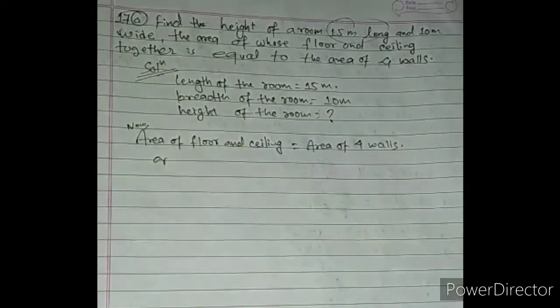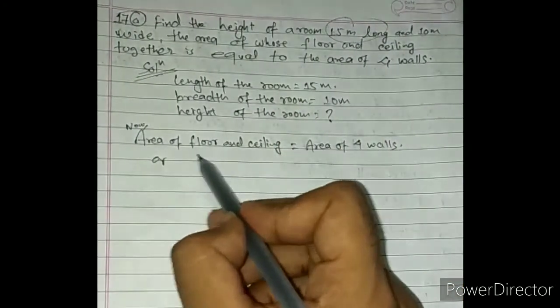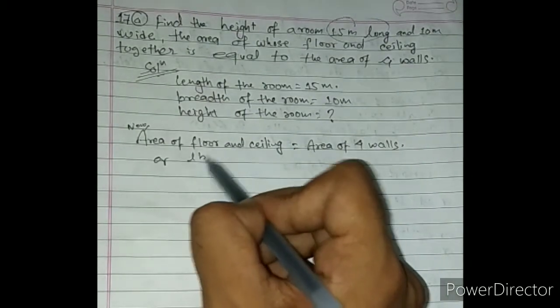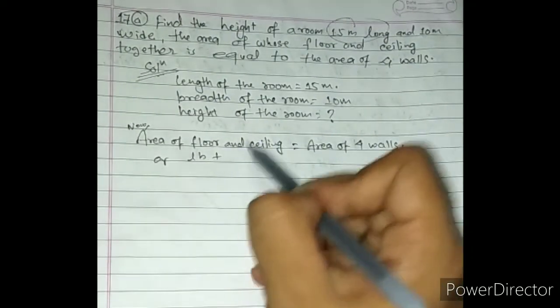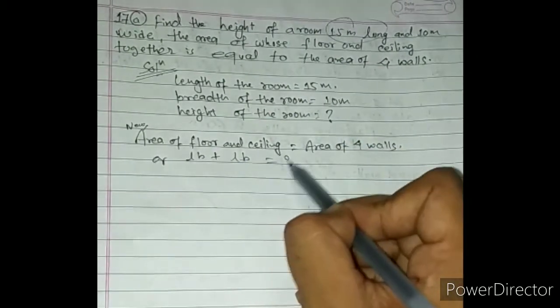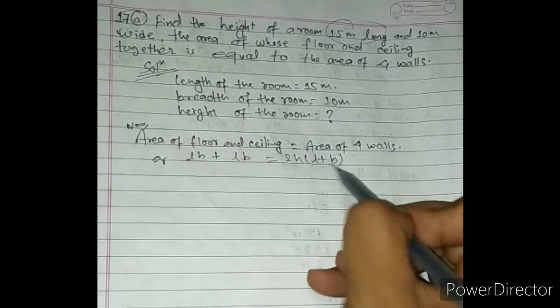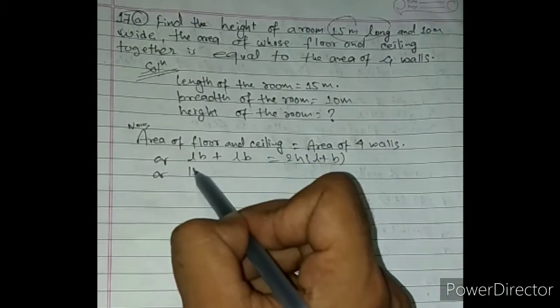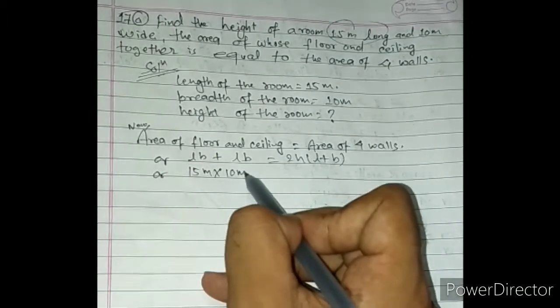What is the formula for the area of floor and ceiling? Floor is L into B, ceiling is also L into B, and the four walls are 2H(L plus B). Now length is given as 15 meter and breadth 10 meter.